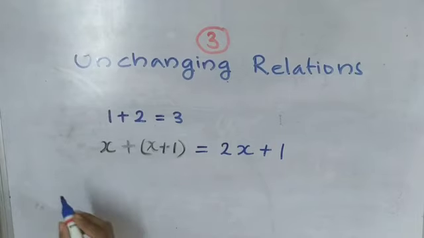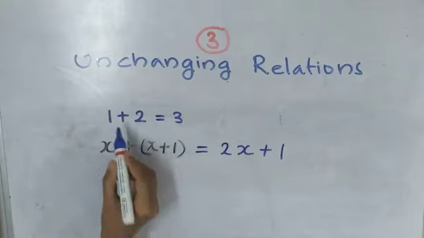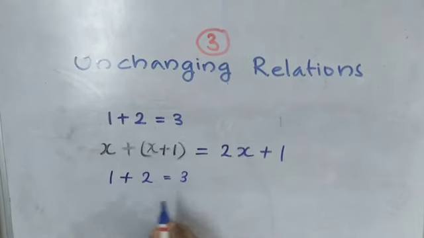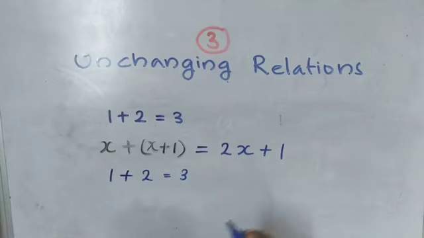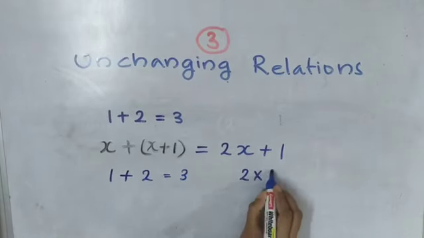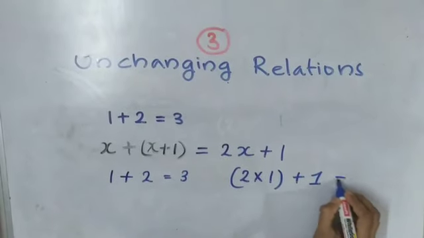Now let us do the same thing in the other way also. So this is one method to find the answer, that is 1 plus 2 equal to 3. We can write this in another way, that is double the number plus 1. That was the other way.